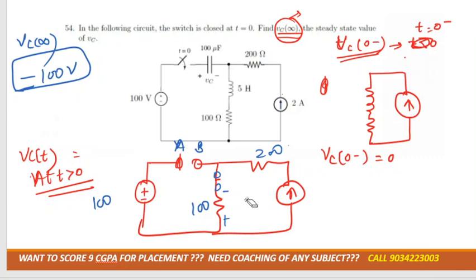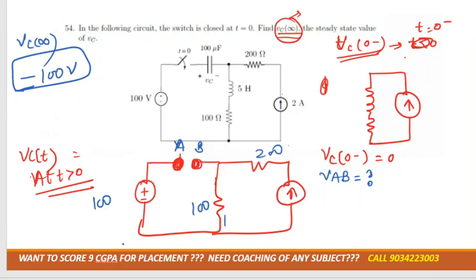You are standing at A, you need to move towards B. Yes or no? Okay, then do it by yourself. We are trying to calculate the voltage across A and B, this point and this point.